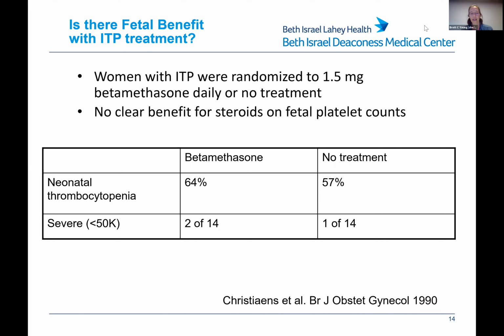This was a study back in 1990, but betamethasone administration is actually not thought to change the fetal or neonatal platelet count. This was patients with ITP who were randomized to 1.5 milligrams of betamethasone daily or no treatment. Based on that dose, there was no clear benefit for betamethasone administration on fetal platelet count.